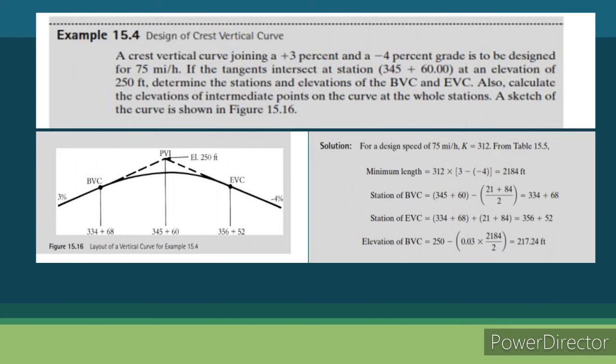Calculating the elevation of the BVC, it is equal to 250 minus grade 1, 0.03, times the minimum length over 2. So the elevation of the PVC is equal to 207.24. If you are wondering why we used 0.03, it is because the PVC is on the slope of 3%. If you are looking for the elevation of the EVC, you just replace it with 0.04.